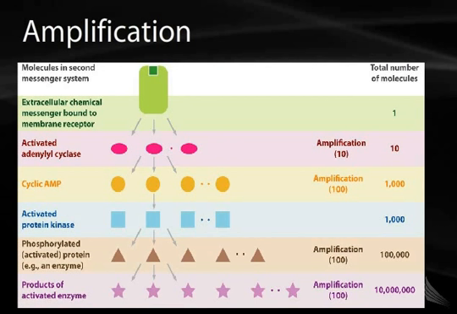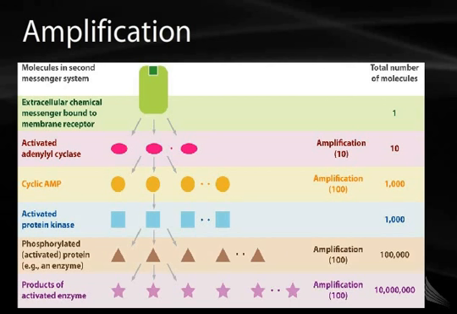You may have noticed that this is a fairly complicated system to transduce an extracellular signal into an intracellular signal. One rationale for having such a complicated system is that it leads to amplification. That is, when a single ligand binds to its receptor, it may ultimately activate many molecules inside of the cell. And that's because at any step along the way, there are multiple products of each individual step.